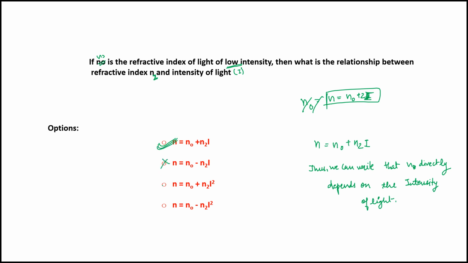All these other relations are not correct. Based on this, we can also say that the refractive index for high intensity light is quite high. And if the light moves from the high intensity region to the low intensity region, it moves away from the normal. Now I'll give you one more question.